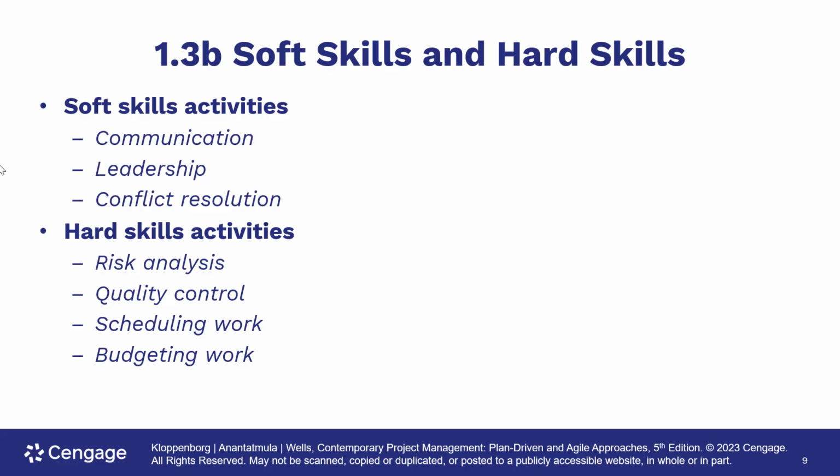Now we've got the hard skill activities, right? Risk analysis, quality control, scheduling work, budgeting work, and I would even say technical skills. That work you can learn via classes, or it's something that's actually applied to maybe operations or a process or a procedure.